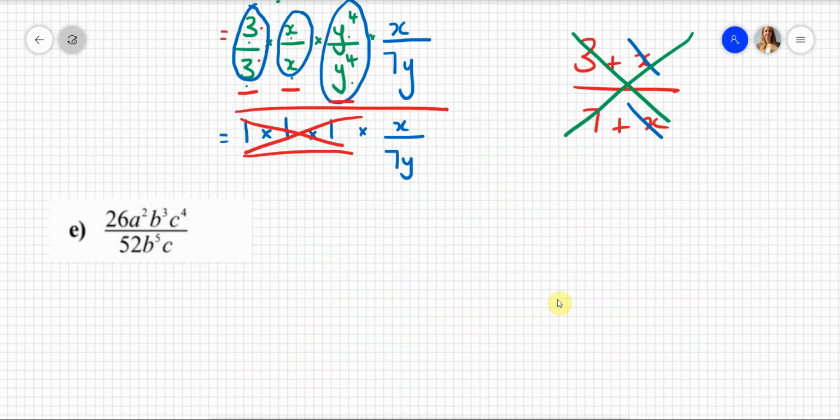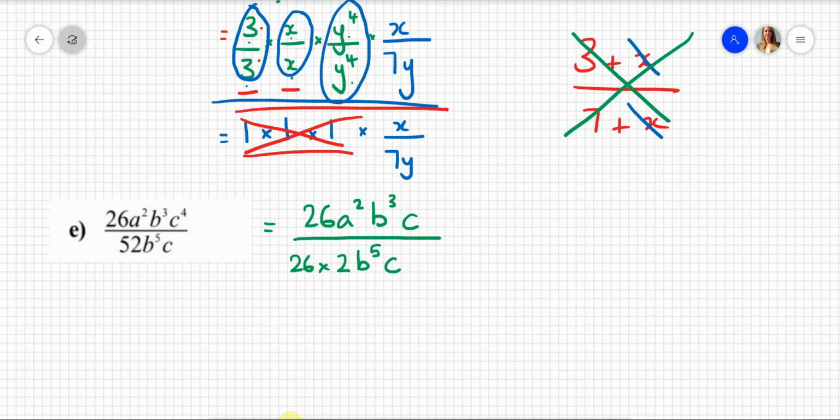So I am going to show you the answer to question 1e. So for question 1e, we've got 26 a squared b cubed c. And then I'm going to turn that 52 into 26 times 2 b to the 5 c. And you don't need to write it all split out like I did up here.